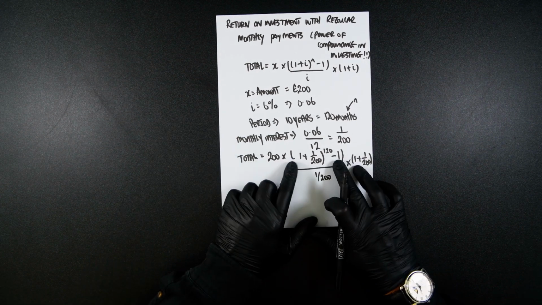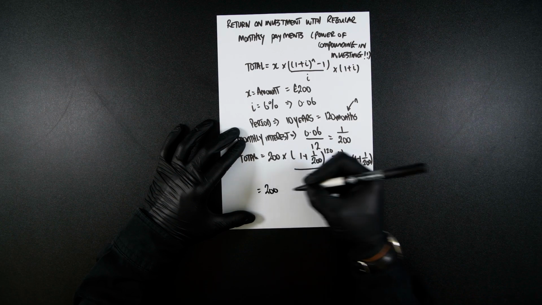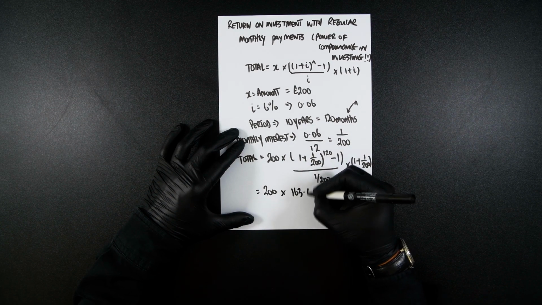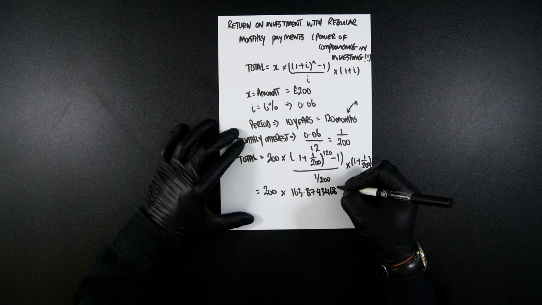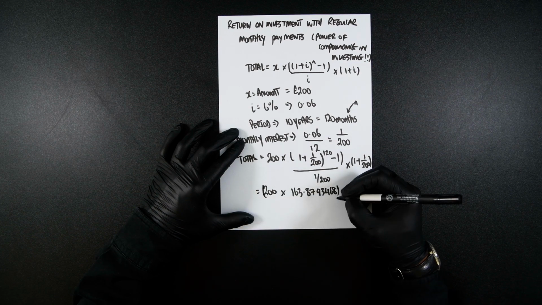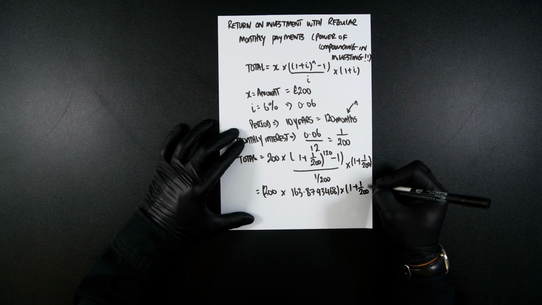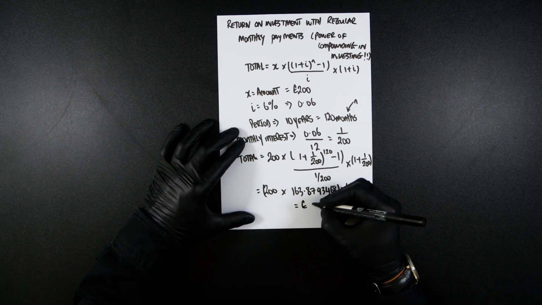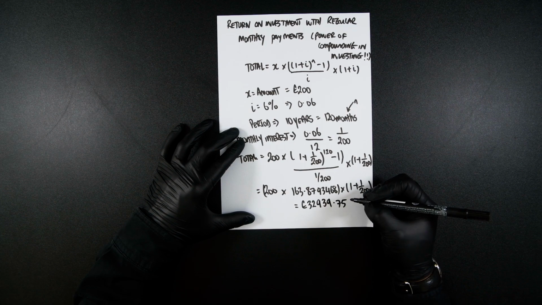So first, let's simplify everything here. So that's going to be 200 times 163.879348. And that's going to be times by 1 over 1 over 200. And then that answer is going to be 32,939.75.